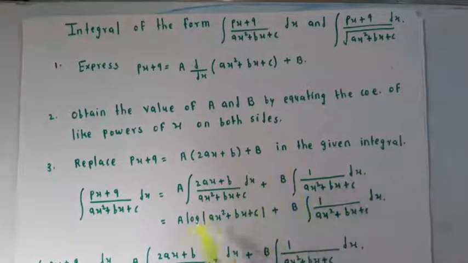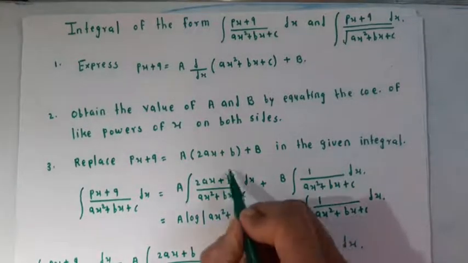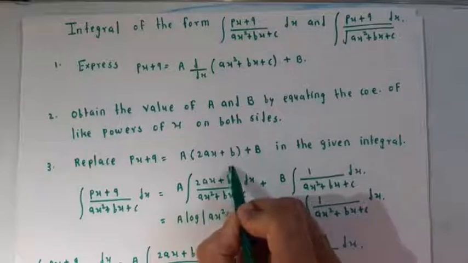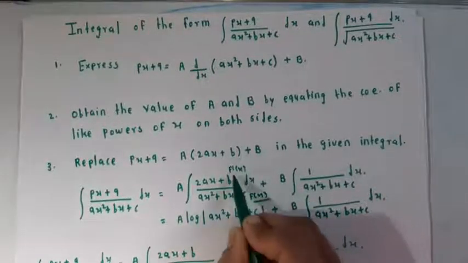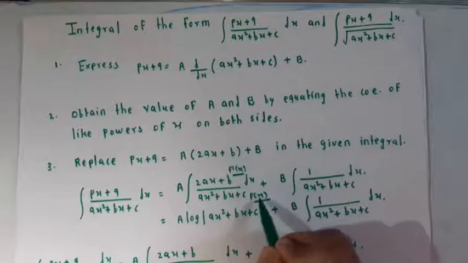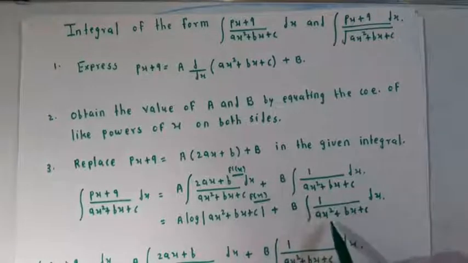Now this first part is of the form f dash of x upon f of x, and its integration is log of f of x, plus b into 1 upon ax square plus bx plus c.